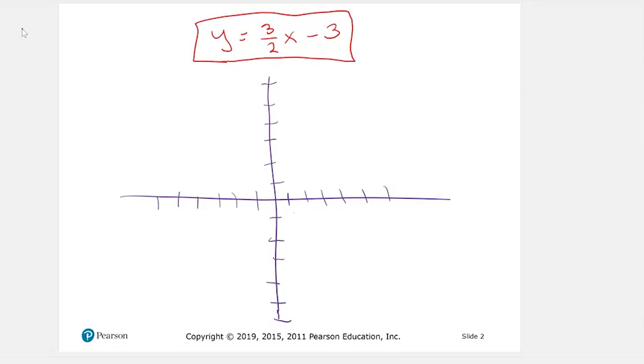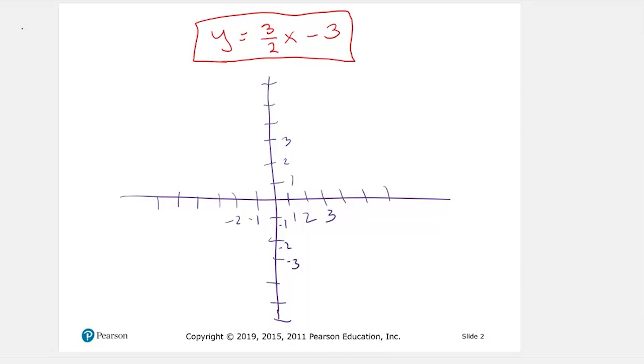Okay, so we have 1, 2, 3, and so on, and -1, -2. Actually, I think I missed one above that. So this would be -1, -2, -3.